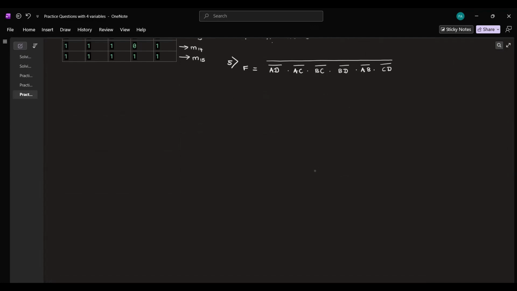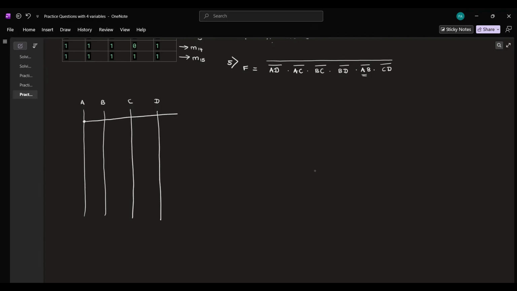First of all, let me come up with the A, B, C, D input lines. First of all, A and B require a NAND gate. So let's give them a NAND gate. And then A and C require a NAND gate. So let's give them also a NAND gate.